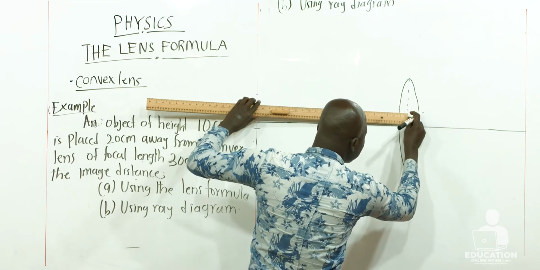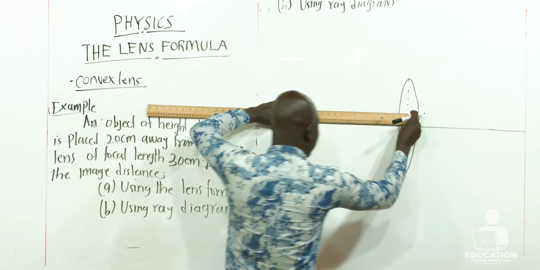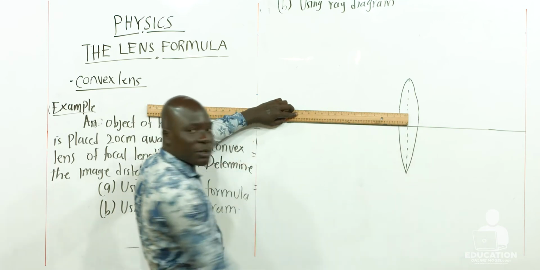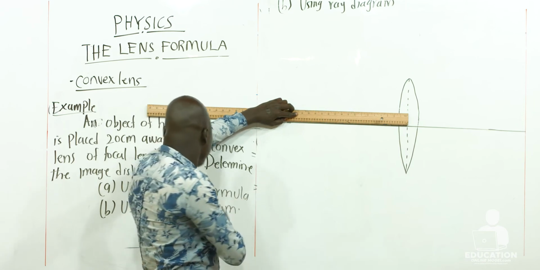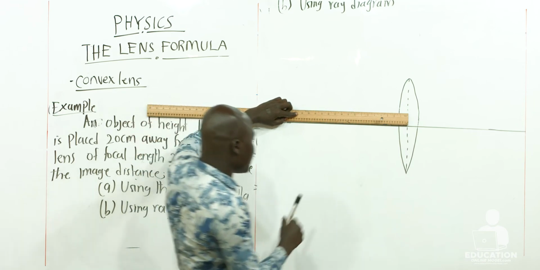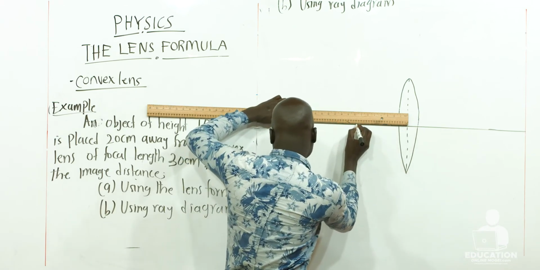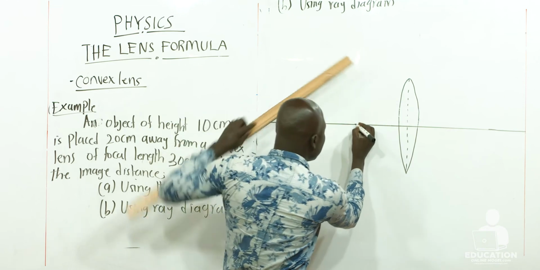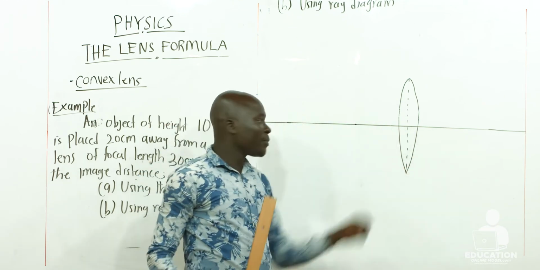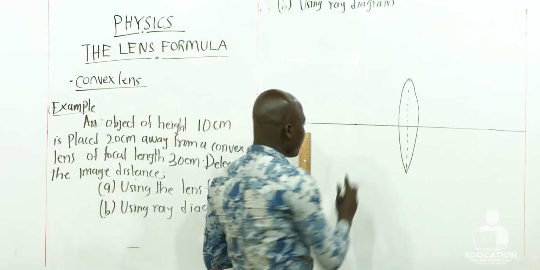So we place, this is how we place the ruler. Dear learners, we place, then we measure the distance from the optical center, then we measure 20 centimeters. So from the center, 20 centimeters is found at this point. So this is 20 centimeters from the optical center. This is where we place the object.